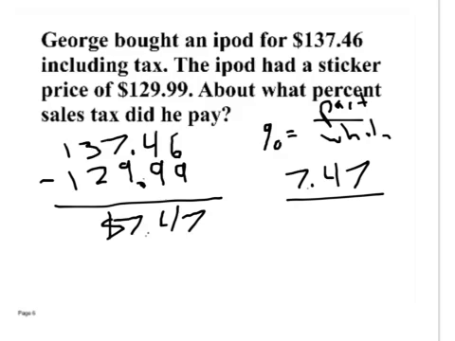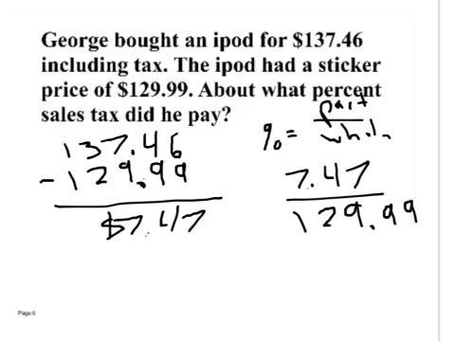Well, you actually want to go with the sticker price, $129.99. You don't go with the total cost because the tax was included in it. So your number would actually be slightly different if you went with a higher number. So we go with the whole, which is the sticker price.